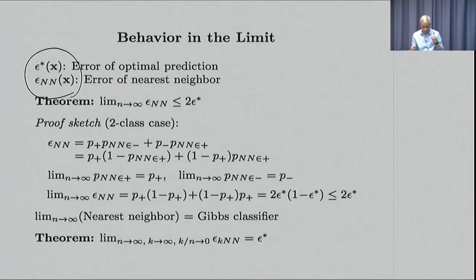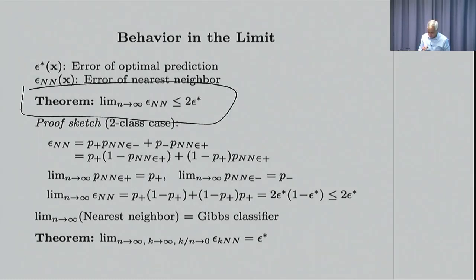Here's the result. As usual in math, first we give you the result and then the reasoning that leads up to it, even though that's often not how things happen in practice. So here's the theorem. As n, my sample size, goes to infinity, the error of nearest neighbor goes to at most twice the optimal.